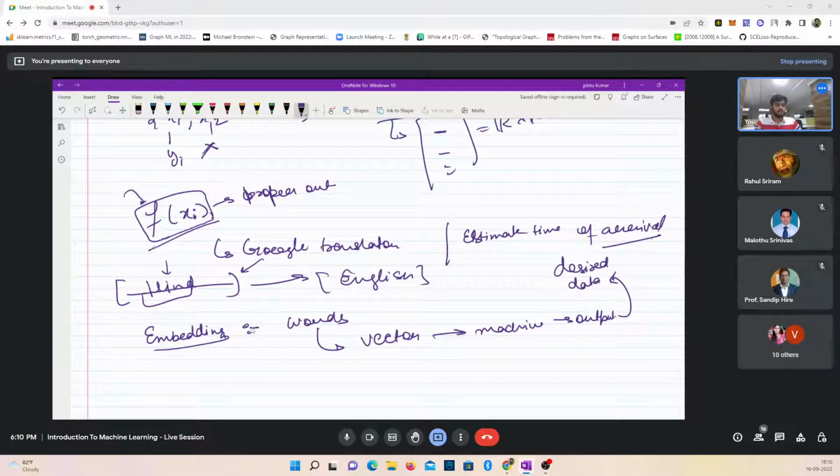So this process of converting a word to a vector, or any other data form to vectors, is called embedding. In embedding, you convert your desired data types into vectors.